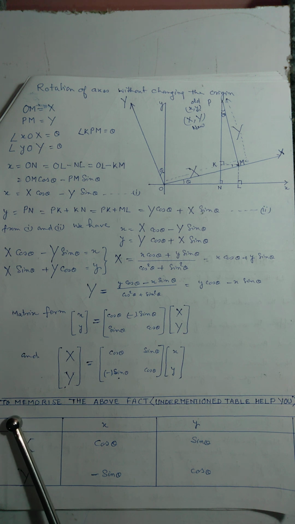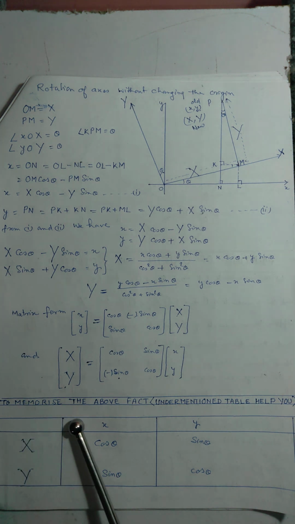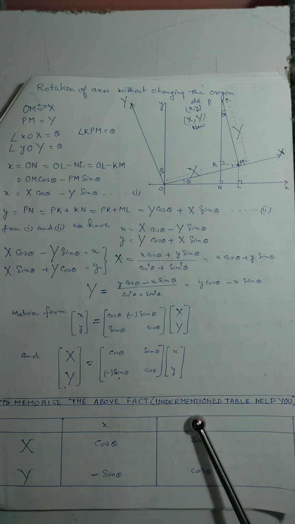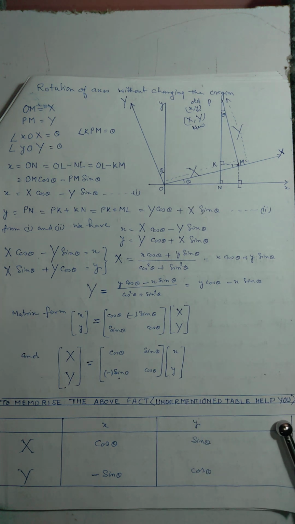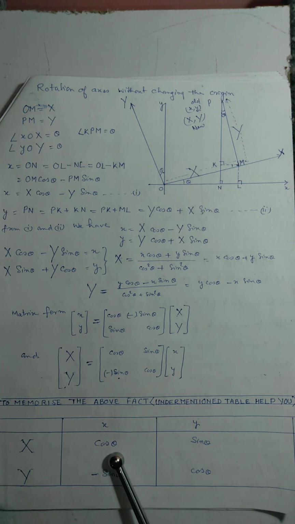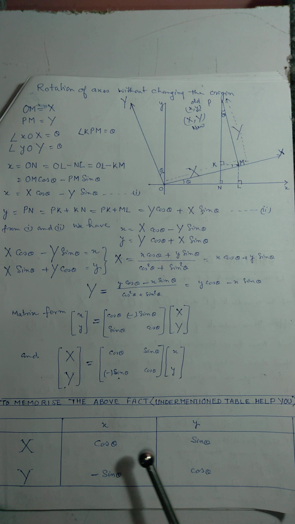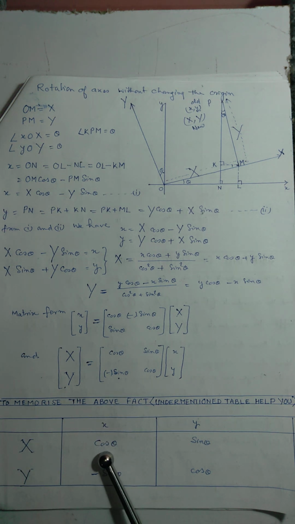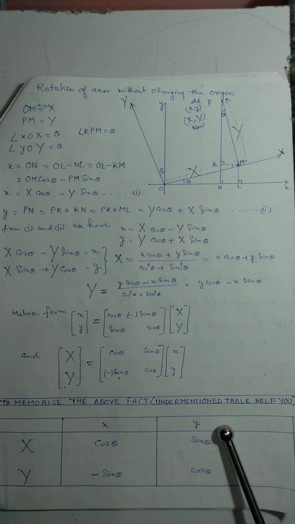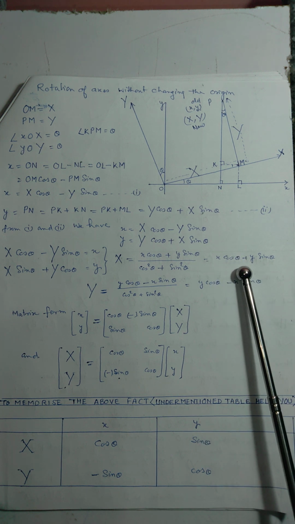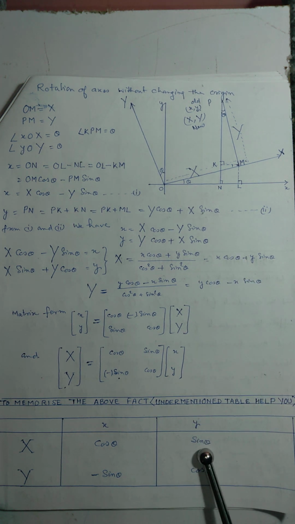Now, again I emphasize memorizing the above fact. The under-mentioned table will help you. You see capital X, capital Y here, small x, small y. If you want to find capital X, you just multiply small x into cos theta plus y into sin theta.